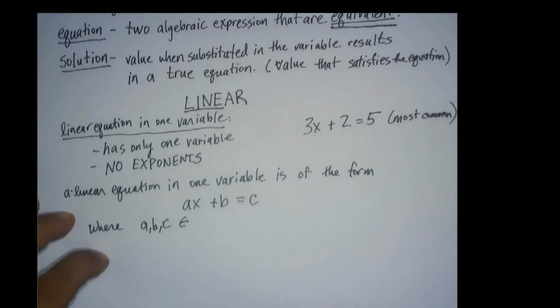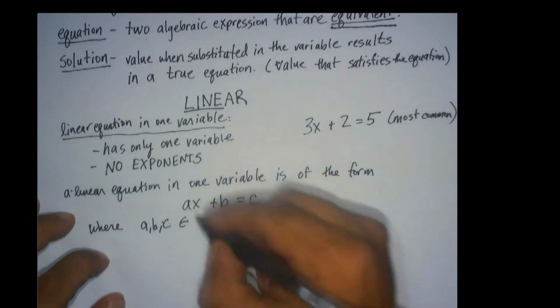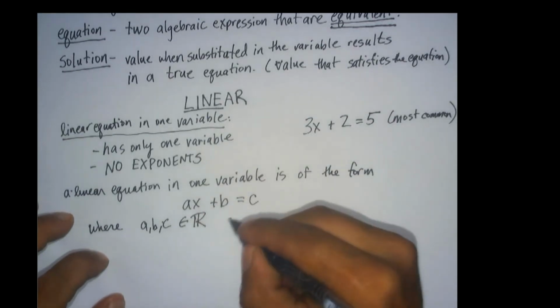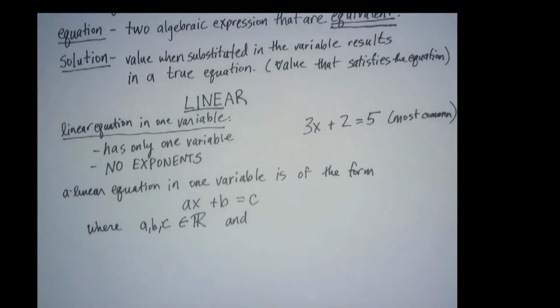What kind of numbers? Positive numbers? Real numbers? And, well, what number will we not have an equation to solve?